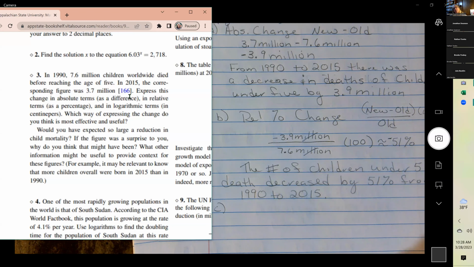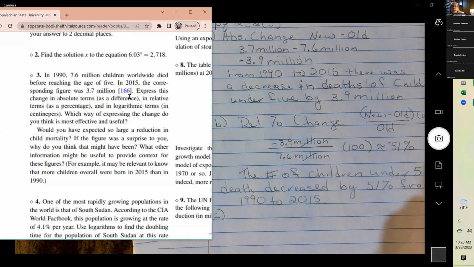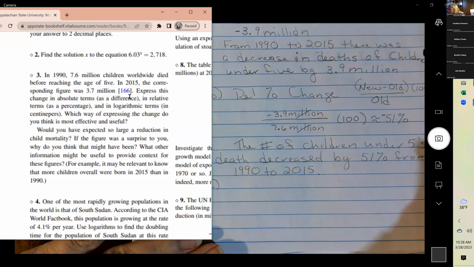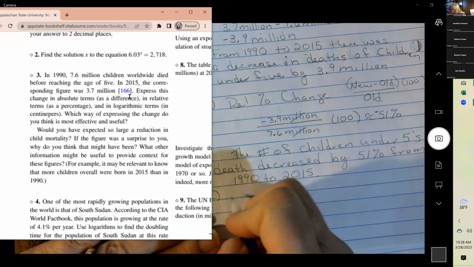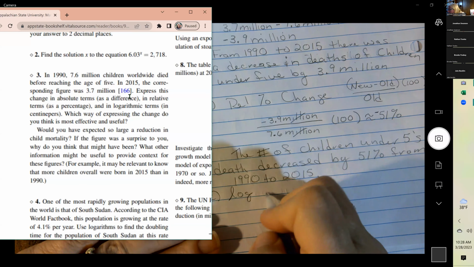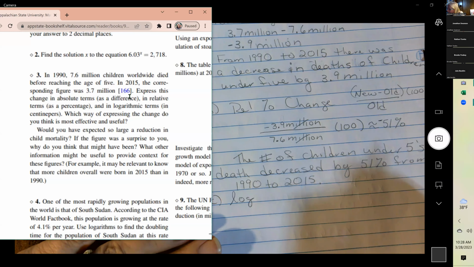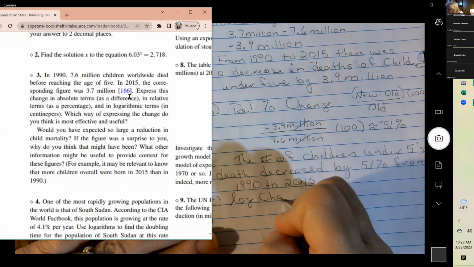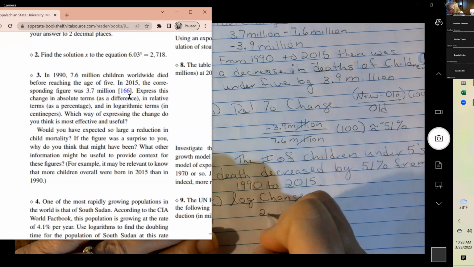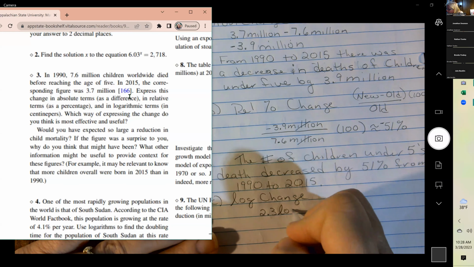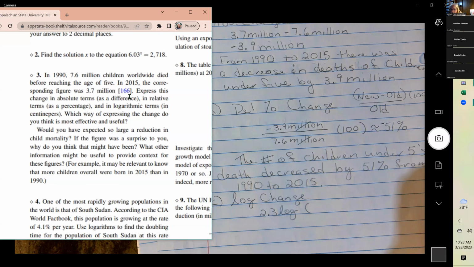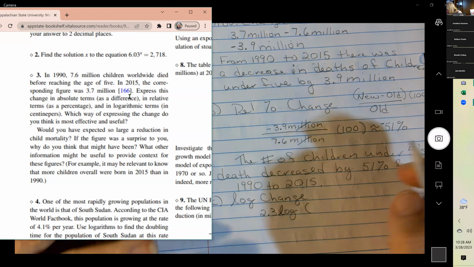Any questions on that one? The last one, the logarithm one, is 2.3 log, and then it's new over old.